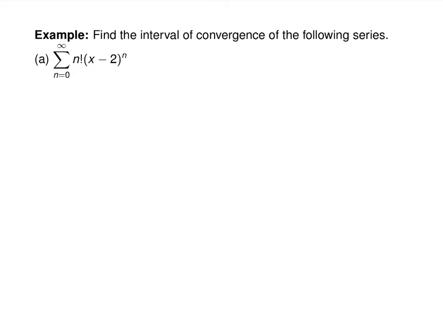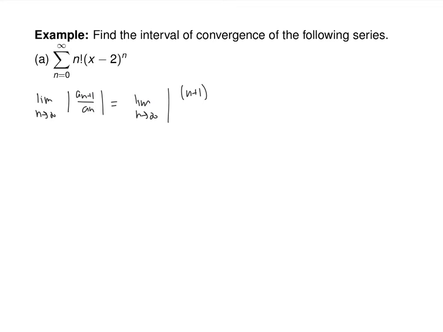All right, how about for this series? So let's find the limit as n goes to infinity of a_(n+1) over a_n. We apply the ratio test here because factorials almost always suggest that's what we're going to use.